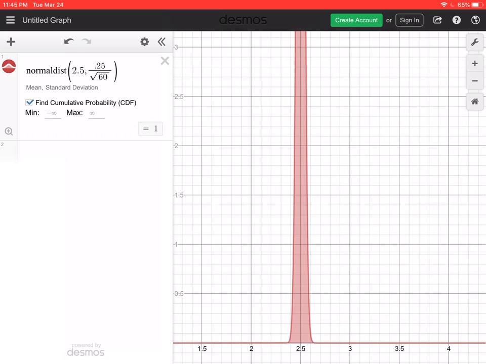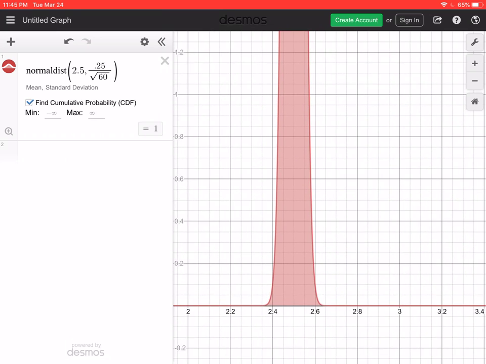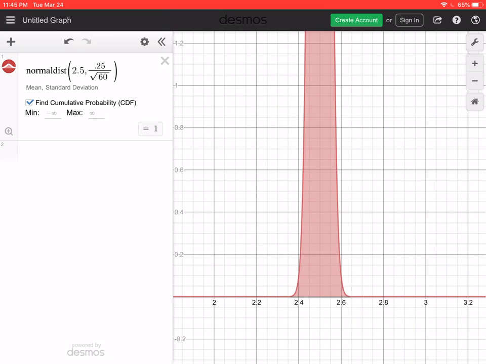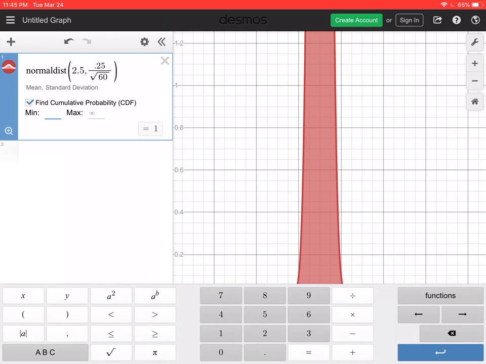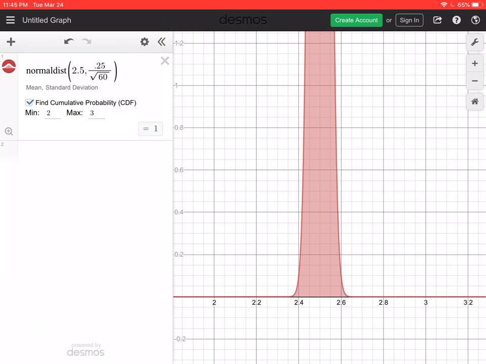Let me go down to the base here so we can see a little closer what's happening. Notice how far out 2 and 3 are on this graph, 2 being all the way out here, and 3 being all the way out here. If we go from 2 to 3, notice what Desmos tells us: the area is 1.